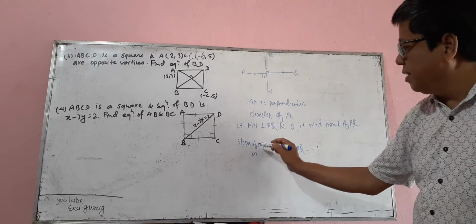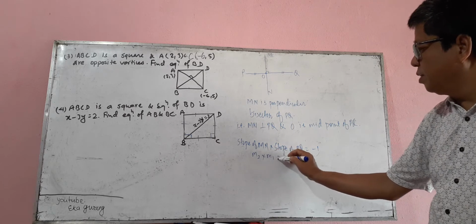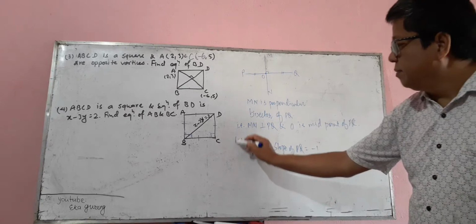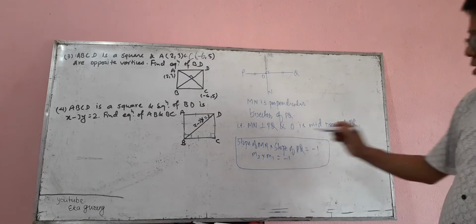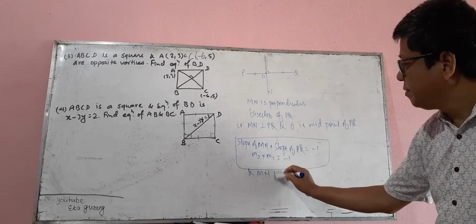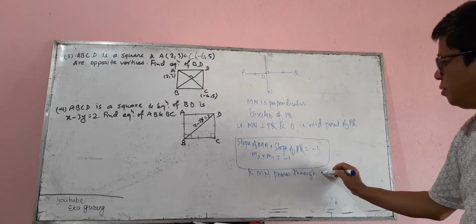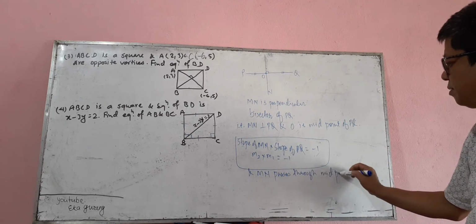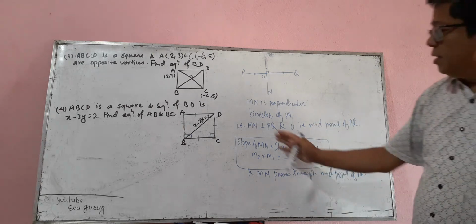That means you can write m2 into m1 equals -1 because they are perpendicular to each other, and MN passes through the midpoint of PQ.